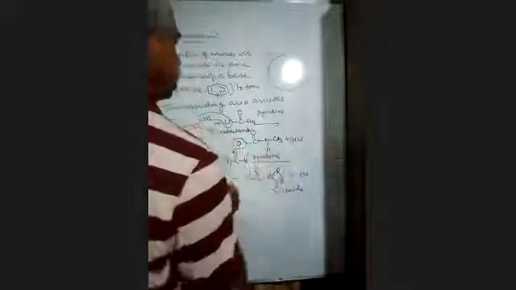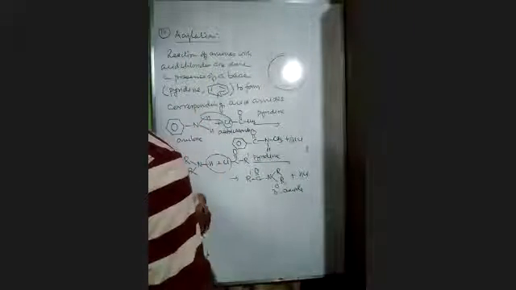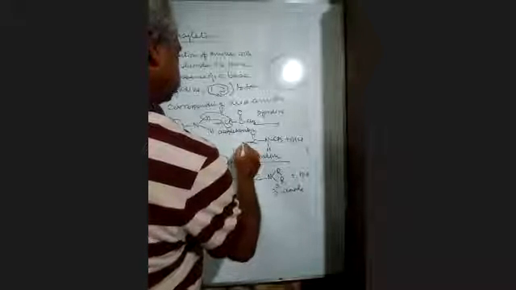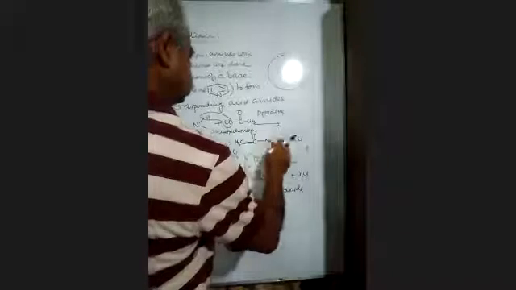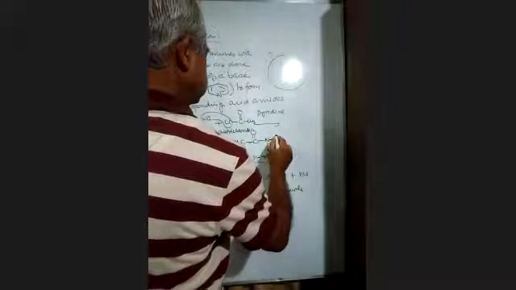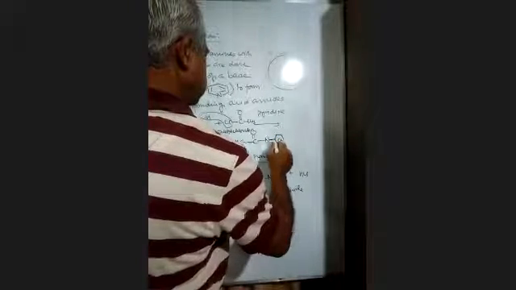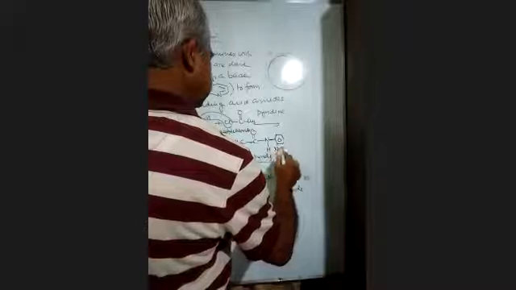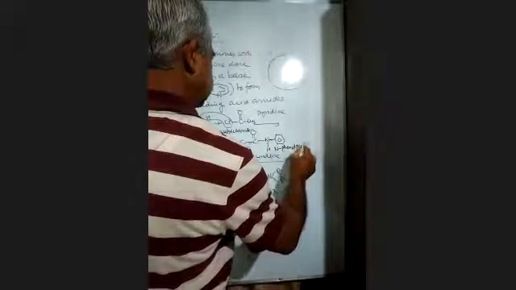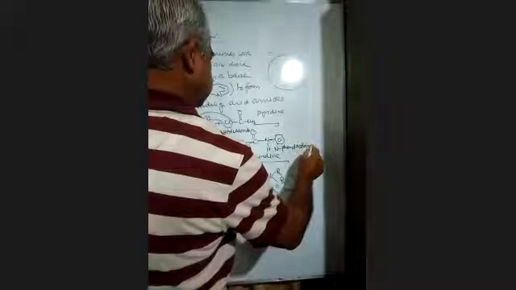What is the name of this one? This is an amine. Okay, the name of this one is N-phenyl acetamide.